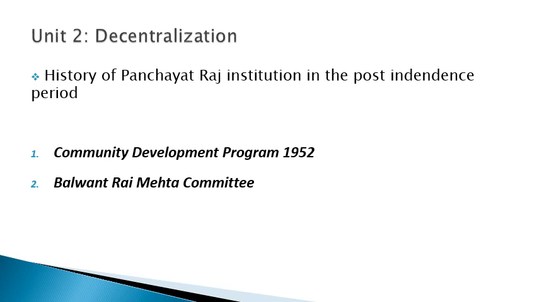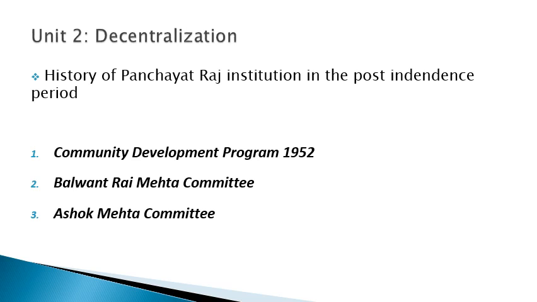The scheme was inaugurated by the Prime Minister on 2nd October 1959 in Nagaur district. After Rajasthan, Andhra Pradesh adopted this in 1959. So students, this was about the Balwant Rai Mehta committee. After that came the Ashok Mehta committee.